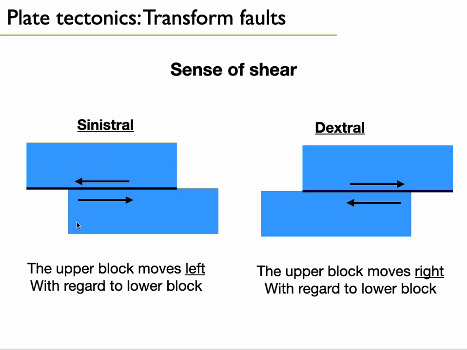So think you're standing here and you look to this block and you see this block is moving towards the left. This is a sinistral sense of shear. For the dextral sense of shear, you think you're sitting on this plate here and you look in front of you and the plate in front of you is moving towards the right. That's a dextral sense of shear.